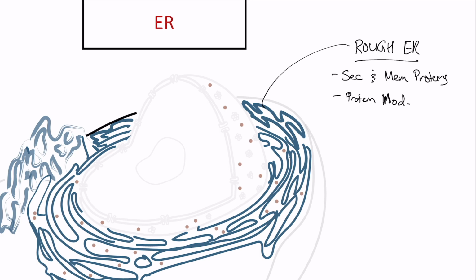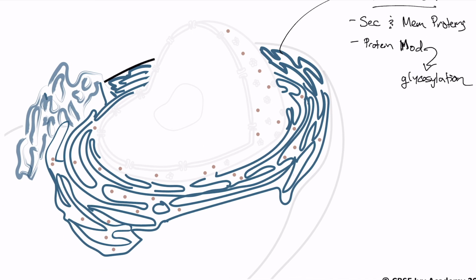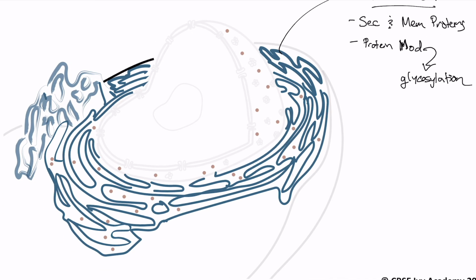When a secretory or membrane protein is being translated on an ER-bound ribosome, that protein gets threaded into the ER, and then it can be further modified in the ER, and that kind of modification is called glycosylation. That's when a sugar will be added to the protein. The protein then can continue on to the Golgi and then to its final destination.